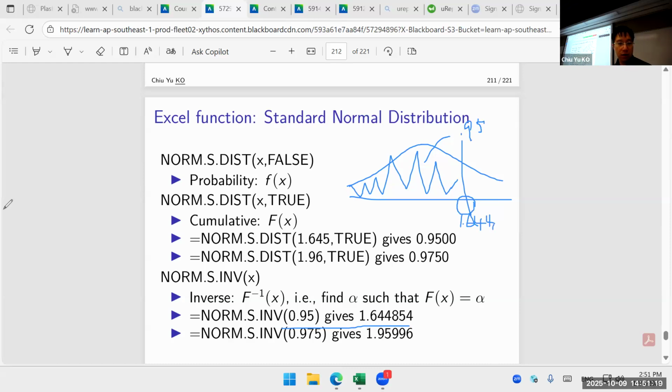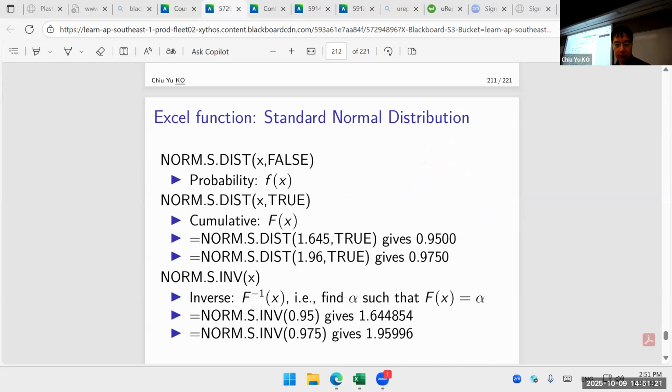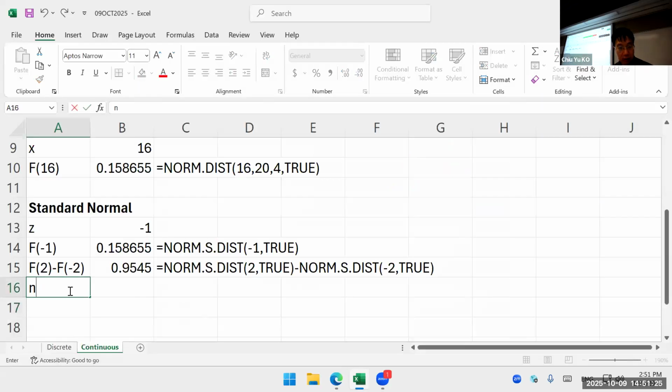Okay. So let me show you this formula here, right? Inverse F of 0.95. If you want to maybe do this one, F inverse, -1, right?